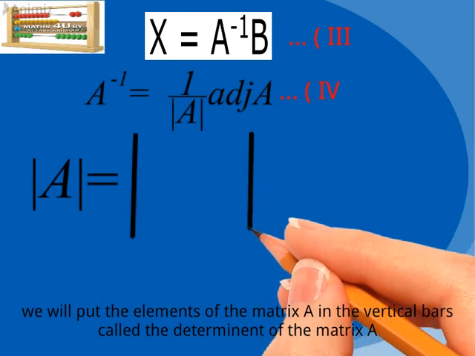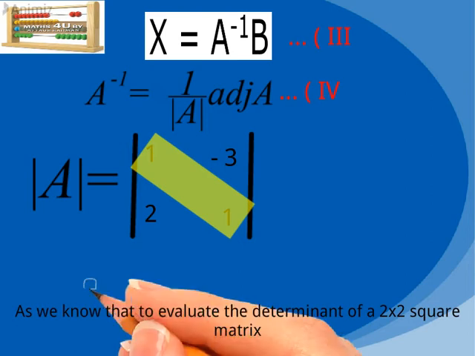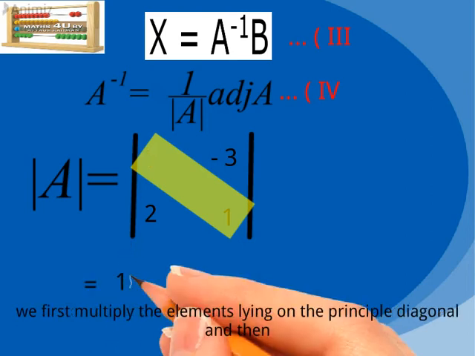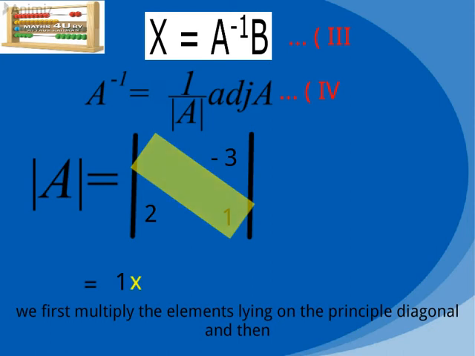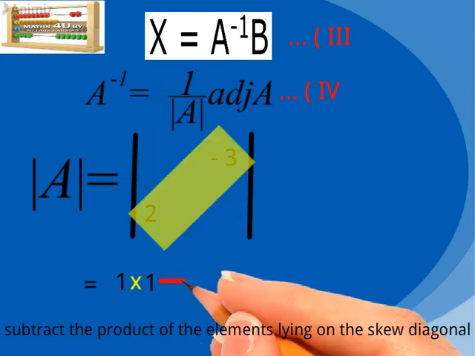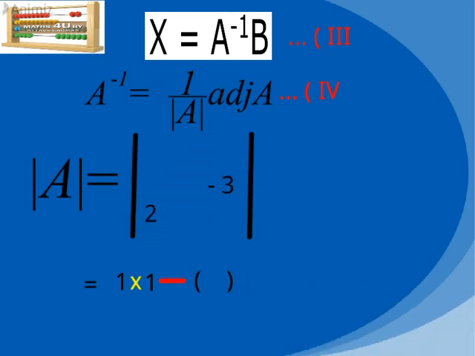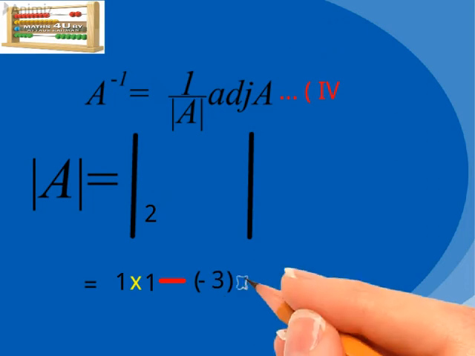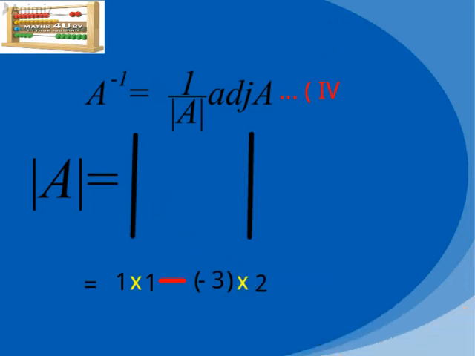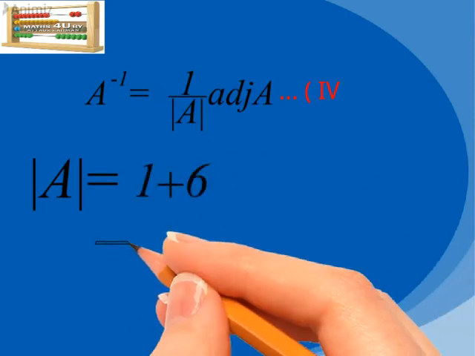As we know, to evaluate the determinant of a 2 by 2 square matrix, we first multiply the elements lying on the principal diagonal and then subtract the product of the elements lying on the skewed diagonal. That is, 1 times 1 minus negative 3 times 2. Thus, we obtain 1 plus 6 equals 7, which is a non-zero quantity.